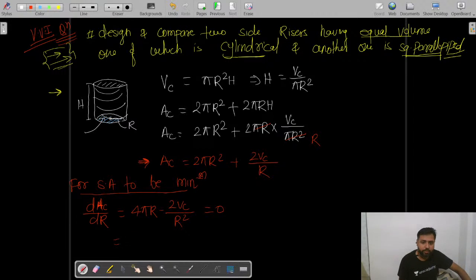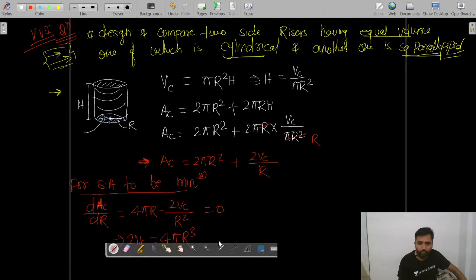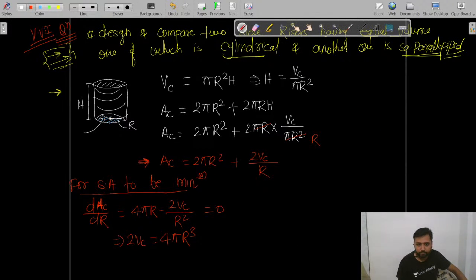So this will lead to 2 Vc is equal to 4 pi r cube. From here you can write Vc is equal to 2 pi r cube, and what we had written, Vc is equal to pi r square h.